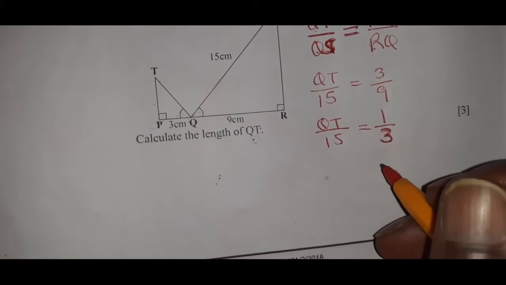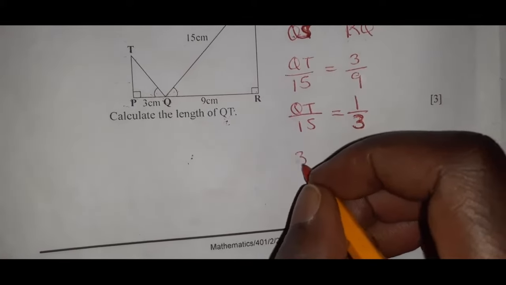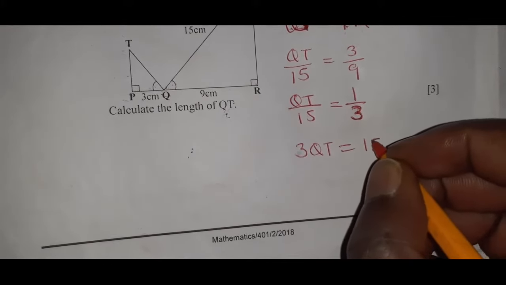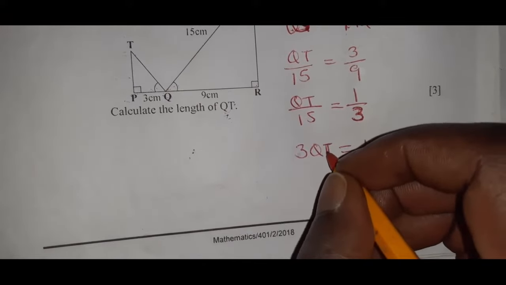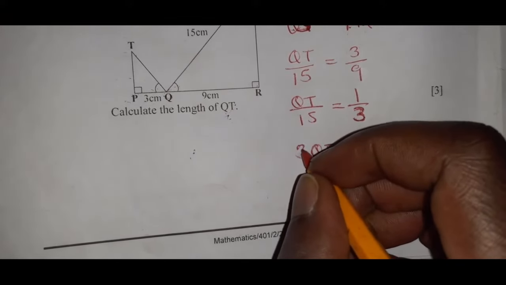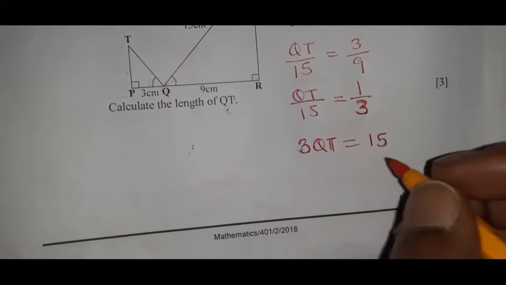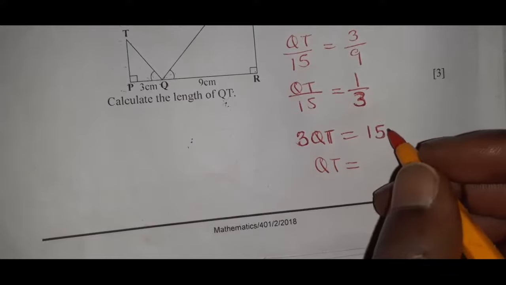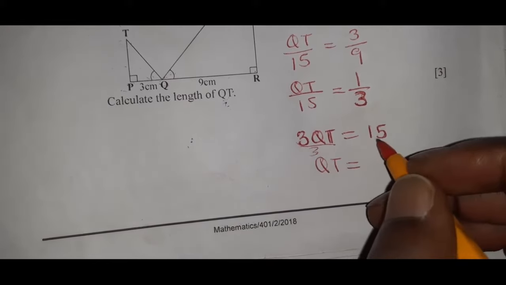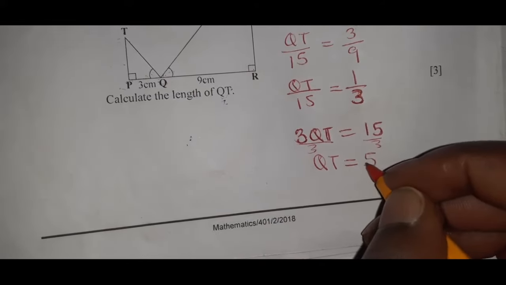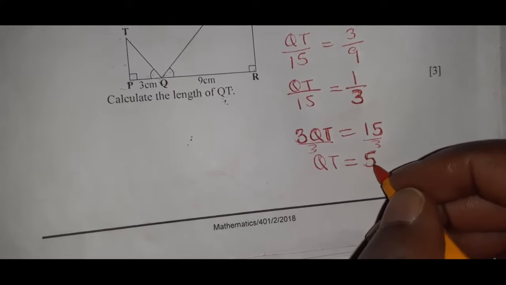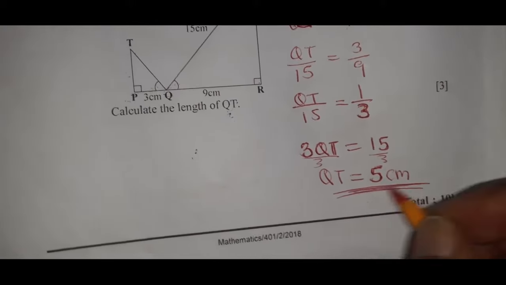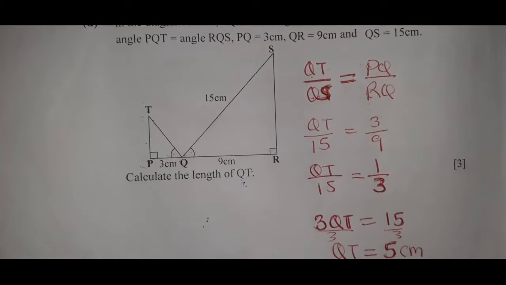Then when you cross multiply, you have 3 QT is equal to 15. To get QT, you divide 15 by 3, here by 3, here by 3, and you get 5 centimeters. This is what you are going to get.